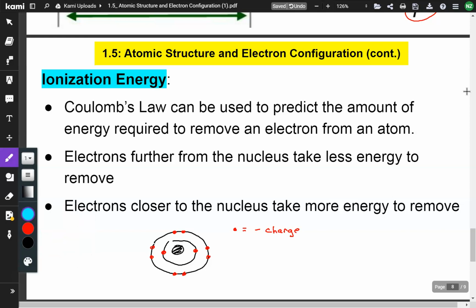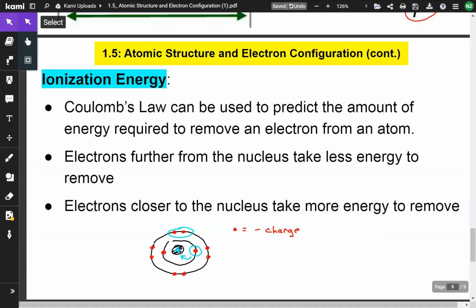The nucleus has a positive charge. So again, opposites attract. These electrons that are really close to the nucleus have a very strong attraction compared to these electrons that are further away from the nucleus. That distance is greater between those outer electrons and the nucleus.